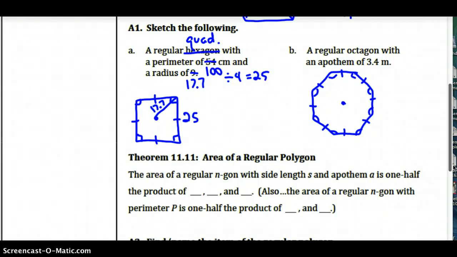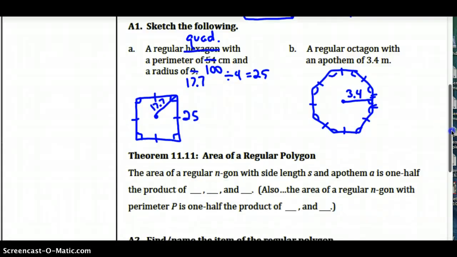And the apothem is 3.4, so I'm going to run that to the midpoint of a side. And 3.4. Okay, so that's some of the terminology with an example.